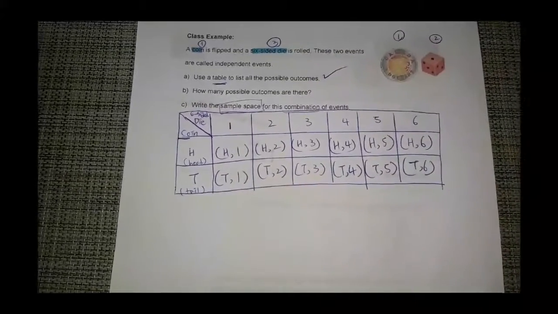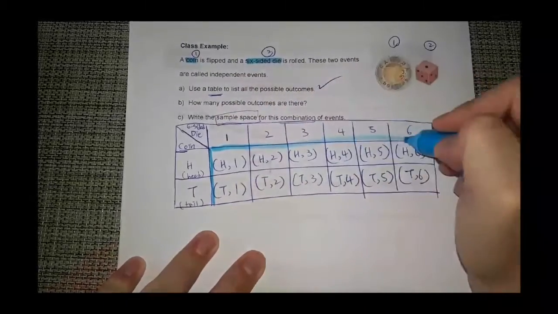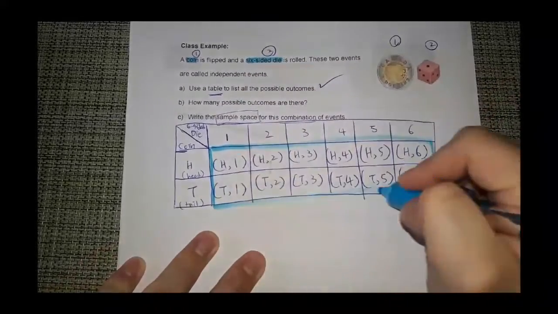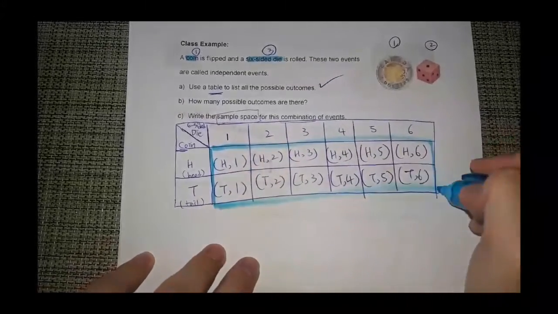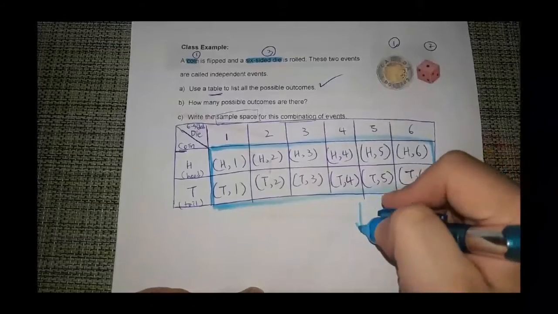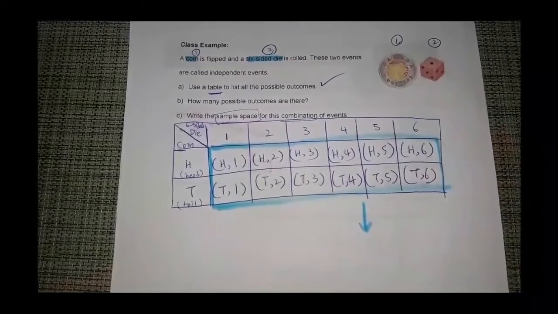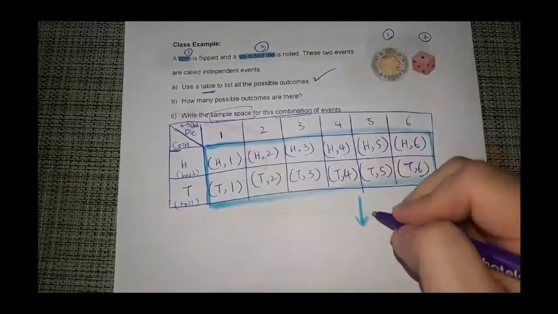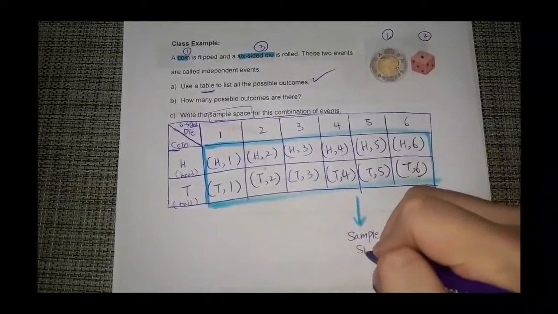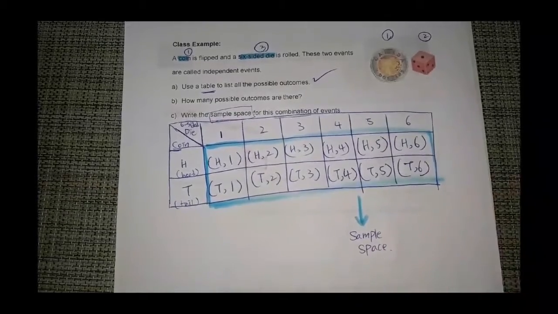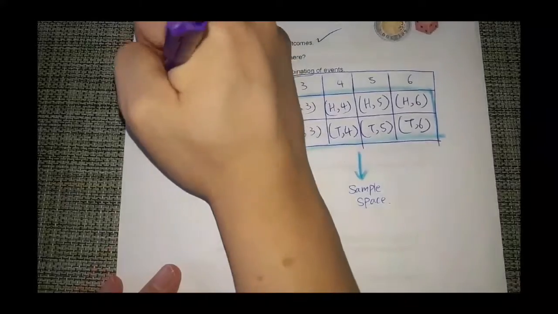So what I'm highlighting over here, which is inside component of your table, ladies and gentlemen. From now on, we're gonna call every single component inside of the table, when you have more than one event going on, the sample space. It literally shows every single possibility, which we're talking about.